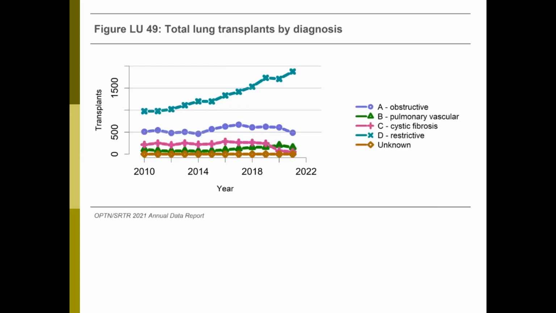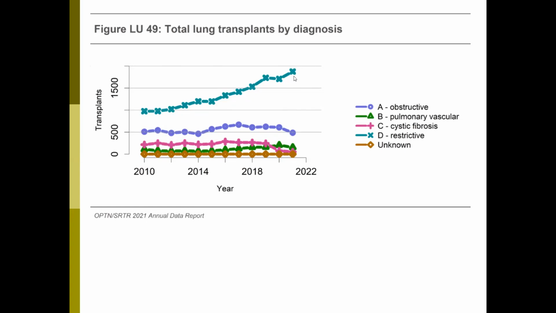I'm going to show you some simple statistics derived from the government report. So this is the total for the United States. A couple of things that I'm going to mention on this slide, we're going to talk about again later when we talk about the Lung Allocation Score and how the available lungs for donation are being allocated.